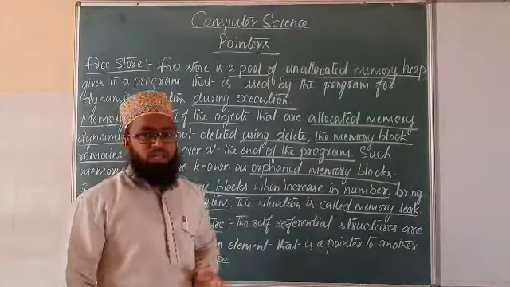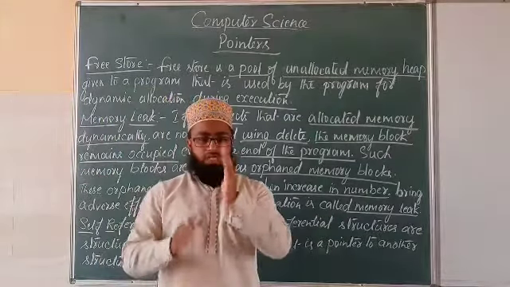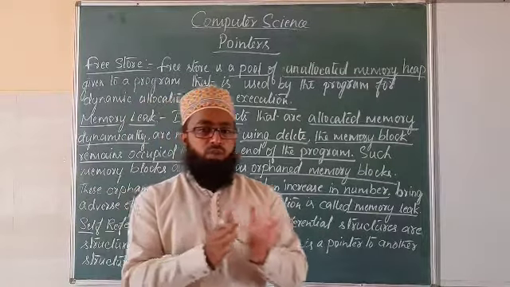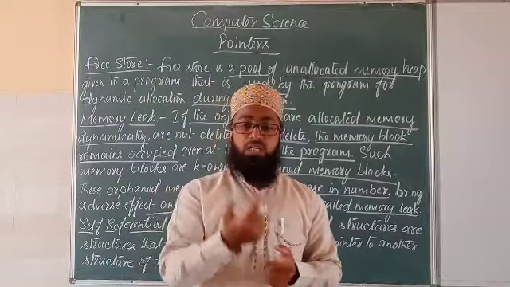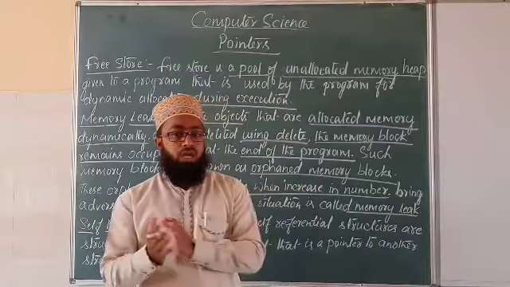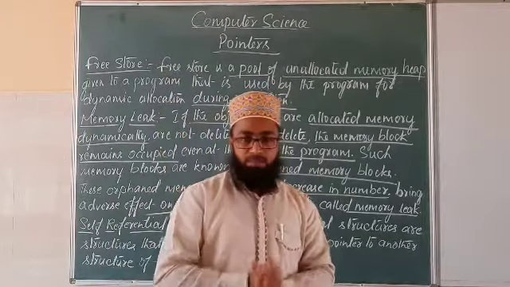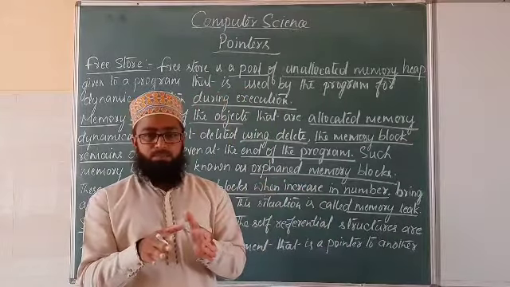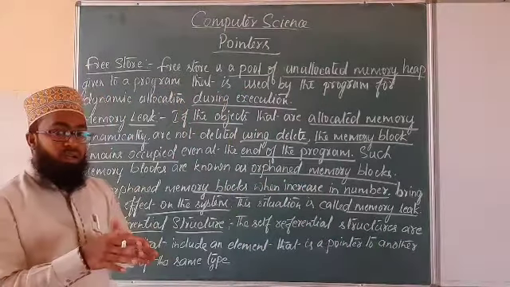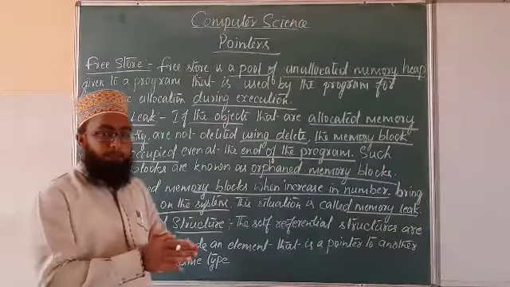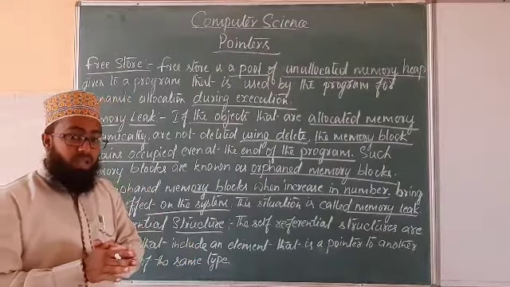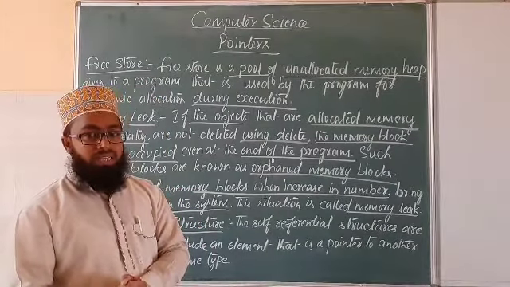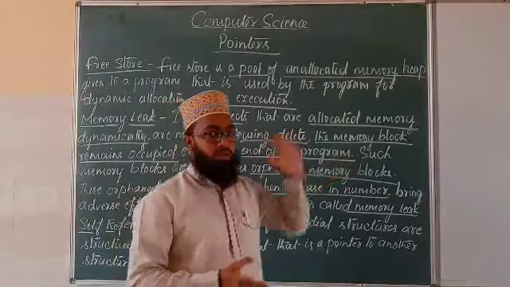This type of problem is known as memory leak. I am explaining once again. Some objects which are allocated dynamically are not deleted, even at the end of the program. In this situation, the memory is occupied by the objects, and the occupied memory blocks are called orphaned memory blocks.